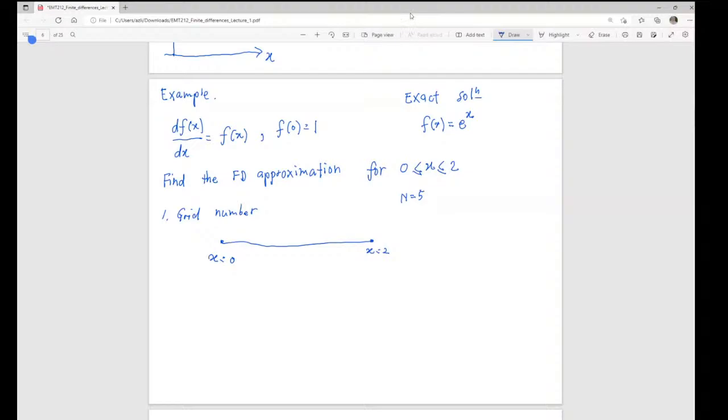This is x1, this is x2, this is x3, this is x4, this is x5, of equal size.